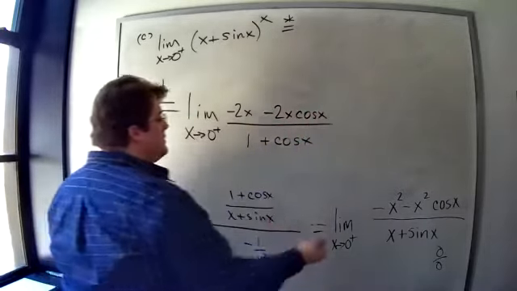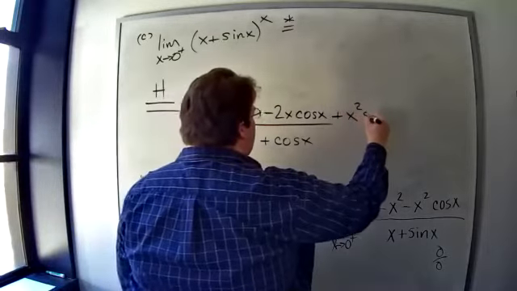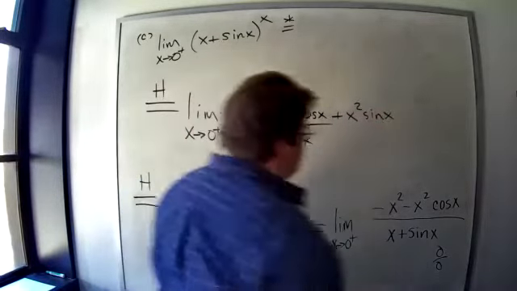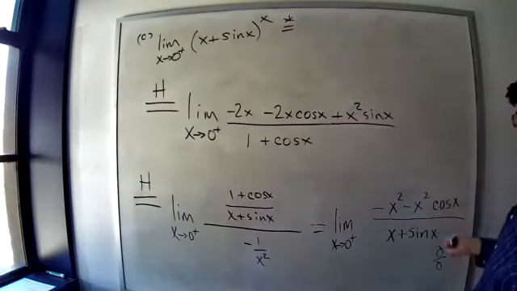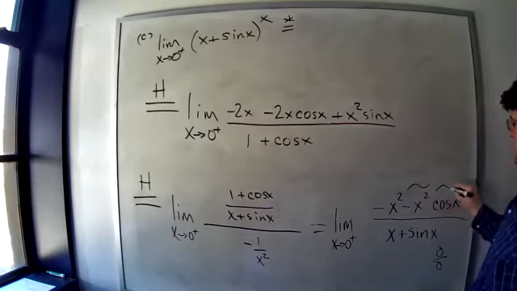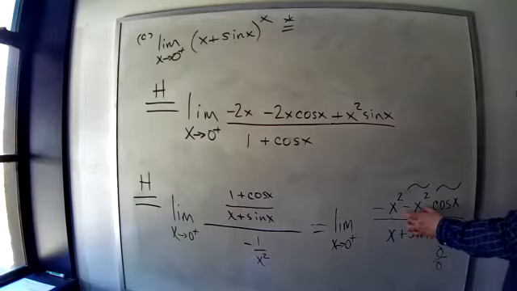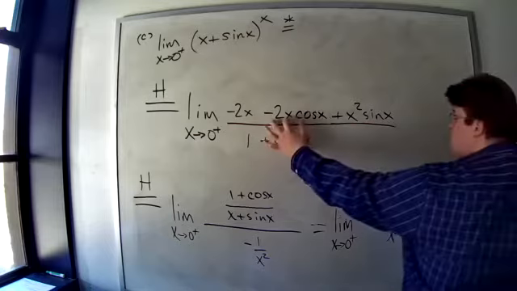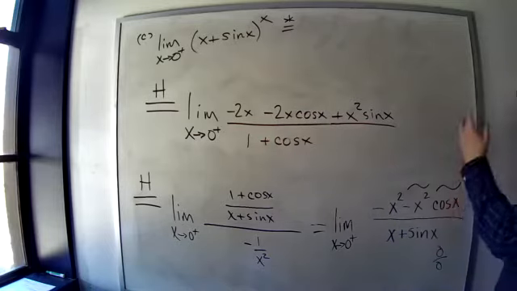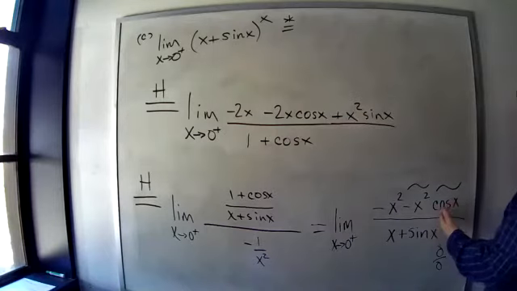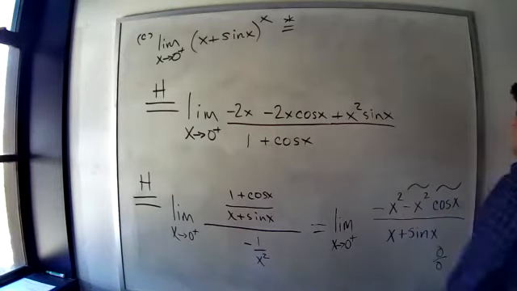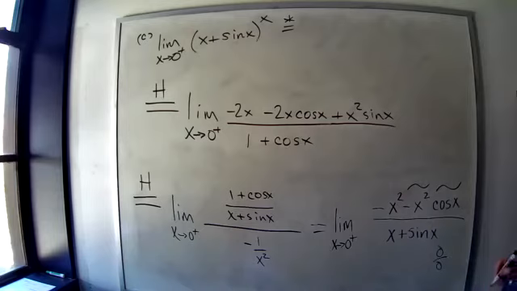Derivative of cosine is negative sine. So for this product rule, I treated the two pieces as negative x squared and cosine x. Derivative of negative x squared is negative 2x times the second, plus the first times the derivative of the second, negative sine x, and those negatives make a positive.